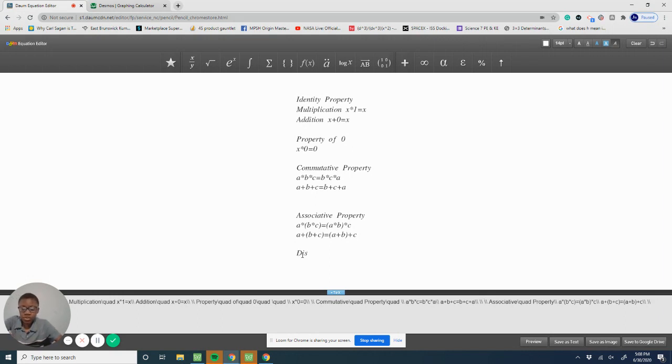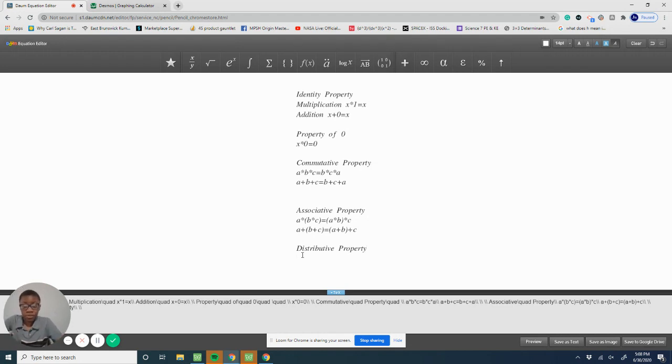Now there's the distributive property. We can have A on the outside. I'm not going to put the multiplication sign because as you go further into algebra, that sign will start to disappear, because when they're next to each other, it means multiplication.